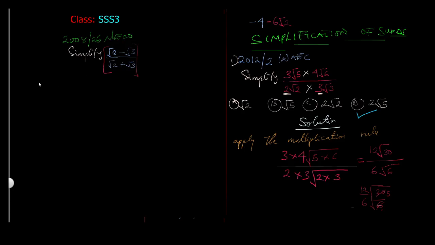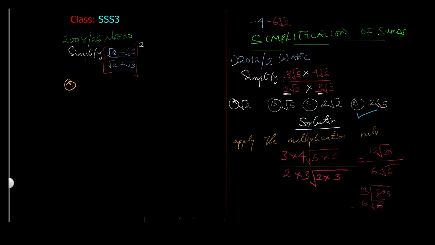Everything here is raised to the power of 2. So we are asked to simplify square root of 2 minus square root of 3 all over square root of 2 plus square root of 3, everything raised to the power of 2. And there are options that we have been given.